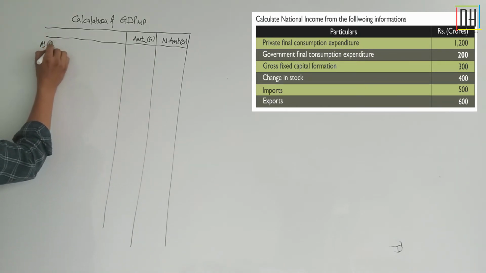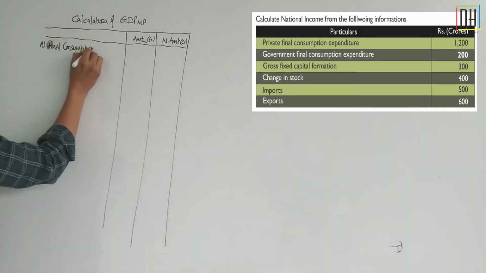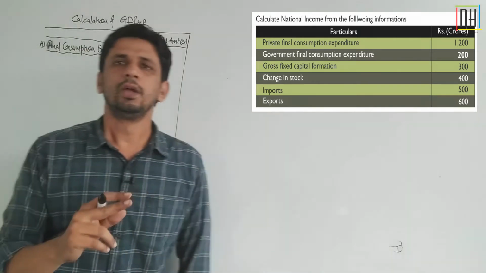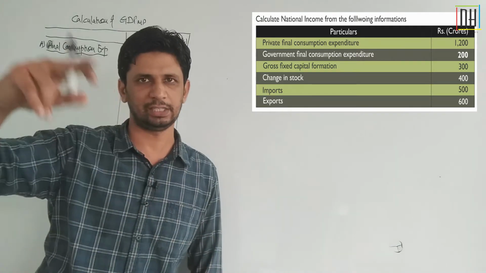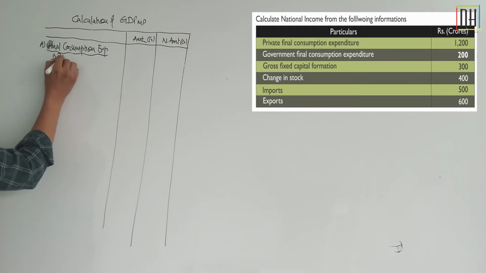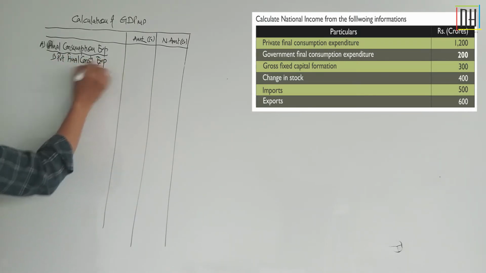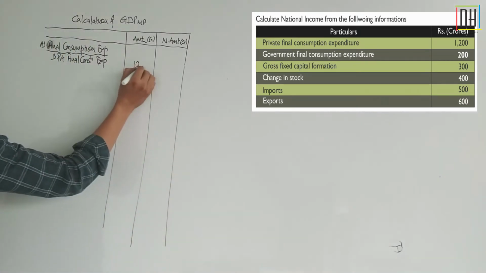final consumption expenditure. In this we have two sub-constituents. First is the consumption expenditure of the private sector, that is households, and the second is the consumption expenditure of the government sector. So number one, private final consumption expenditure is 1,200.